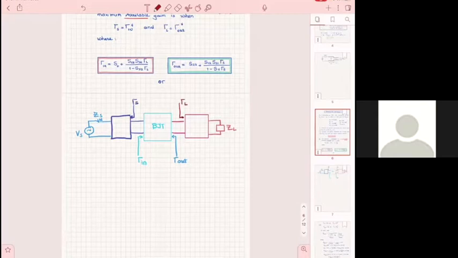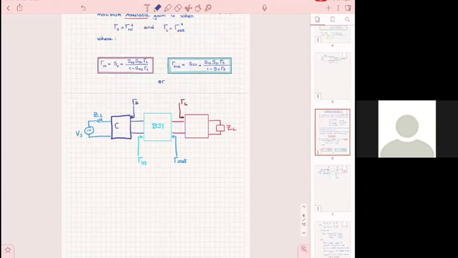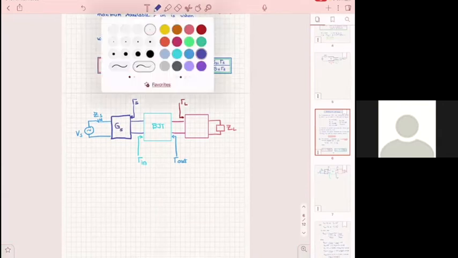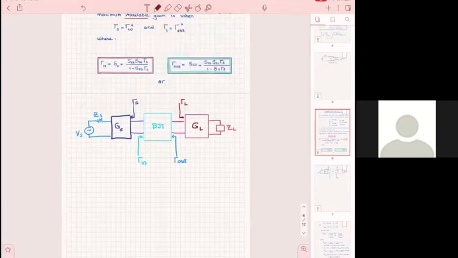Okay? So when this is unilateral and unconditionally stable, let's assume that the input matching has a gain GS, the output matching has a gain GL, and the transistor has a gain G0.